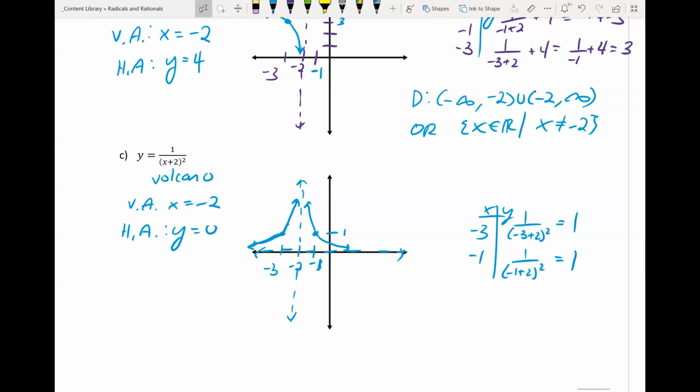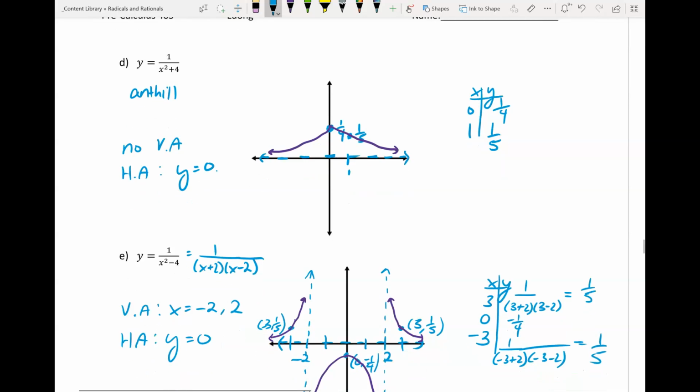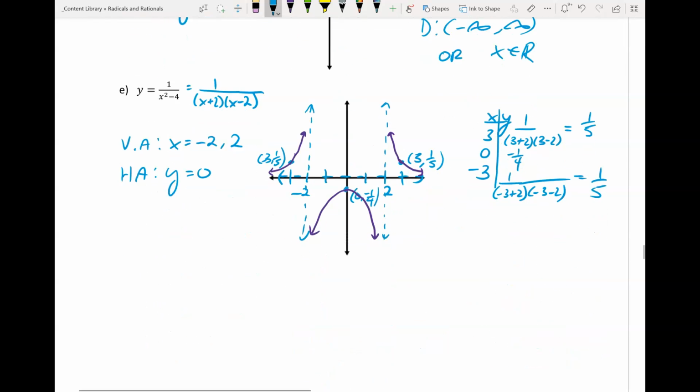Your volcano graph is going to have the very same domain because our VA is at -2. For your anthill, this is going to be from -infinity to +infinity, or you can say x is an element of the reals. We don't have any holes or any asymptotes, so this graph can be any x value.